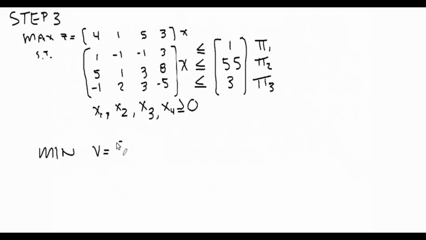And what we'll do is we'll write down our vector of dual variables, pi sub 1, pi sub 2, and pi sub 3, times our right-hand side: 1, 55, and 3.